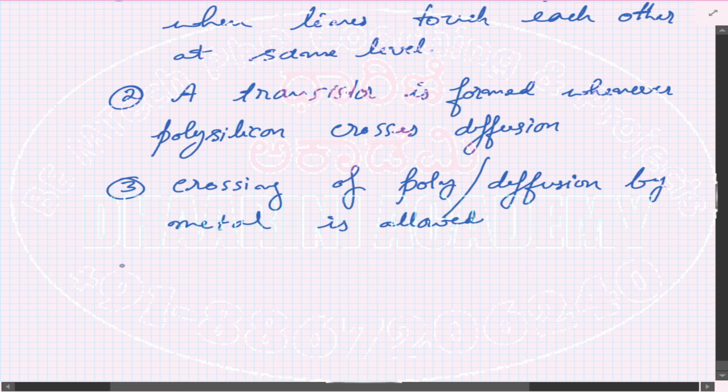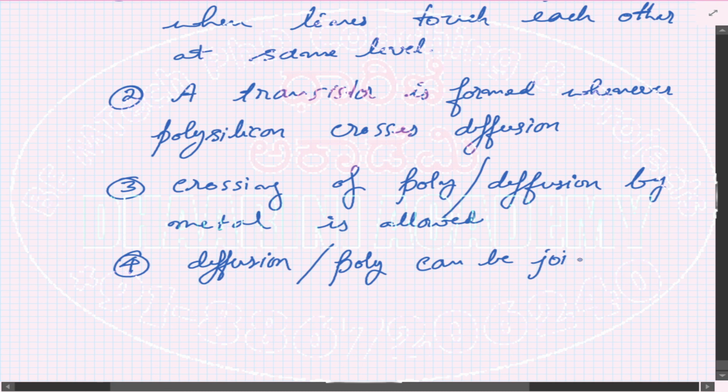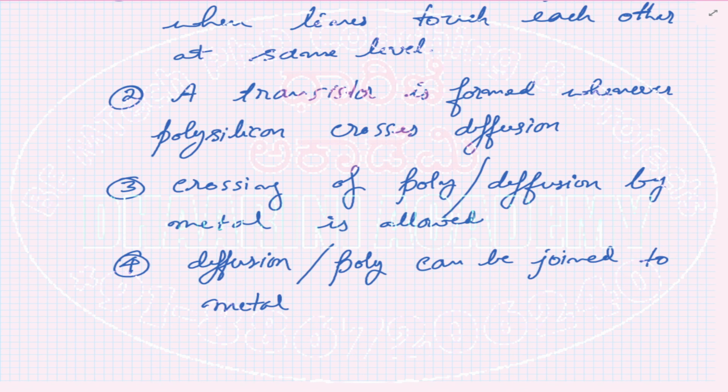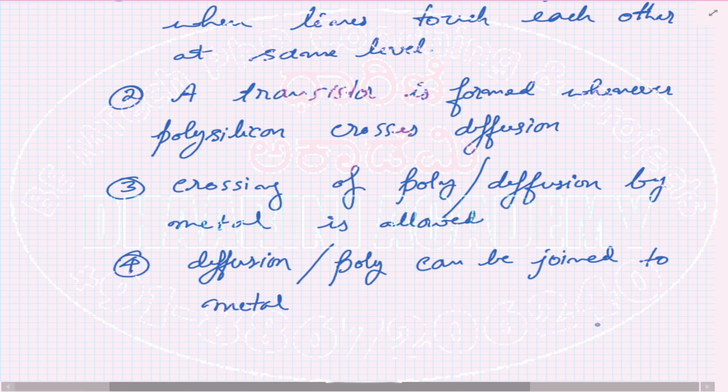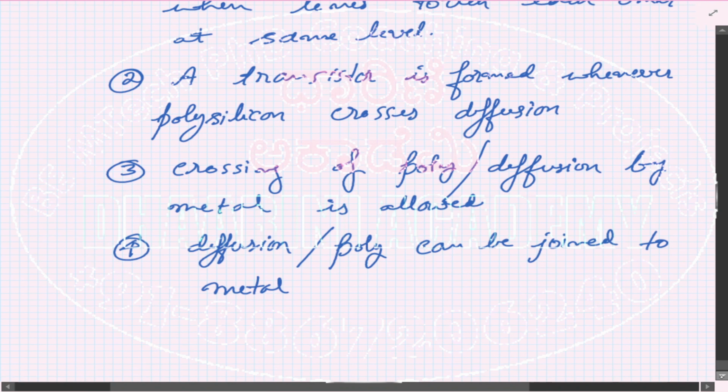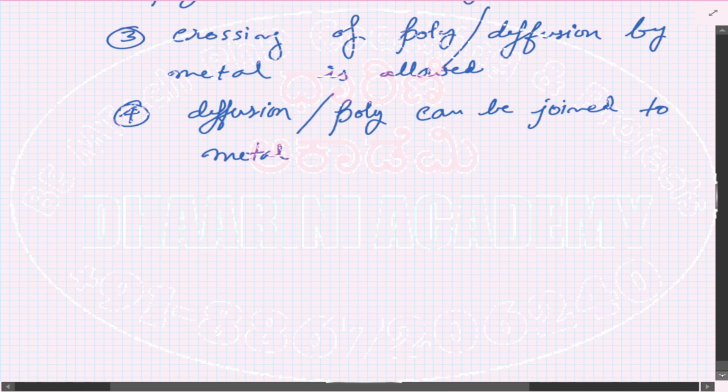Next, fourth one, the diffusion or the polysilicon can be joined to metal. At any point you want to have a contact, you can do this. This is also allowed. This actually comes in the second chapter, why and how this gets done, in the concepts of developing different regions.